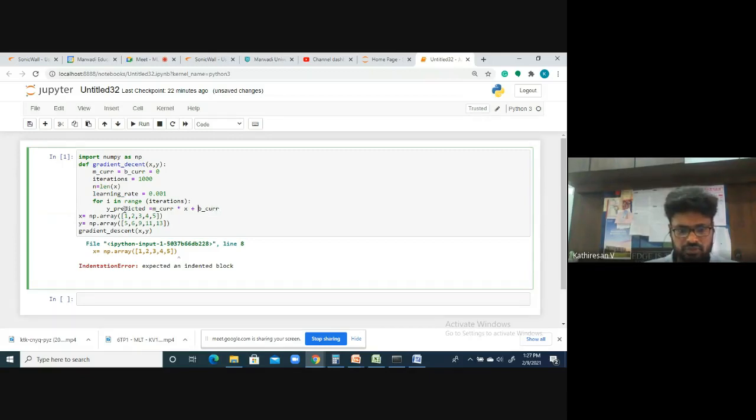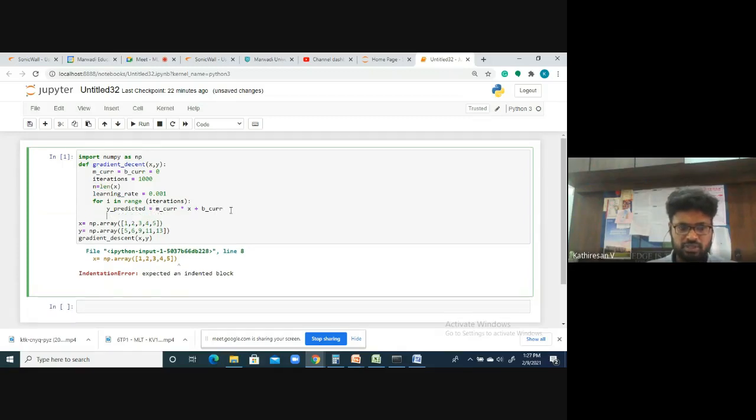See, this is nothing but y equal to mx plus c, nothing more than that. This m current and b current we have to keep on updating in each and every iteration.